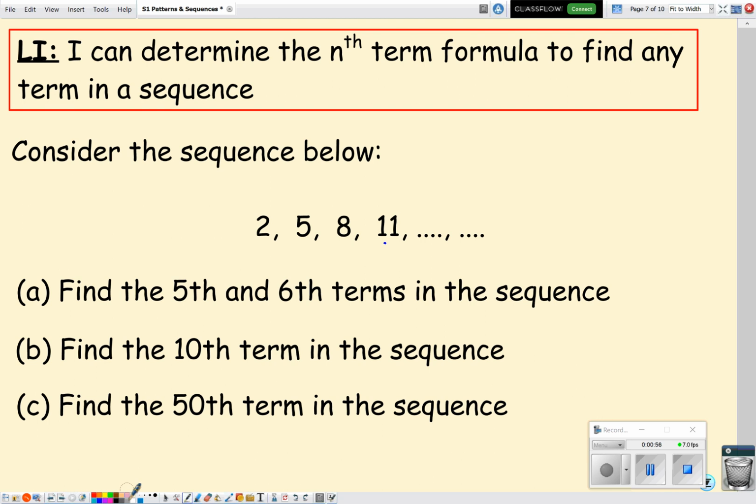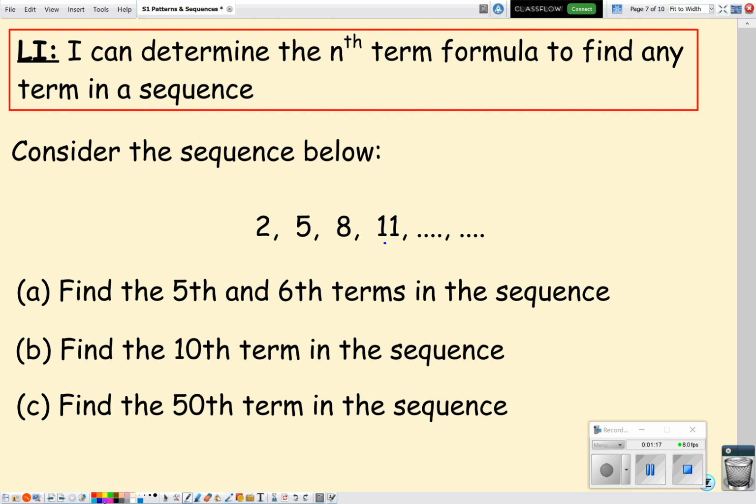So pause the video just now, give that a go. Right, so hopefully if you've paused the video and you've got some answers to parts A, B and C, I'll run through these fairly quickly for you just now.